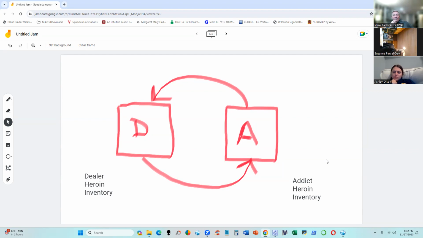What else was in that article? I don't know if this is in the article, but you could put something in there about the level of addictiveness of the heroin, because that would drive the addicts back to the dealers and drive the demand. So you mean like the purity of it, or when you say level of addictiveness? Well, different drugs have different addictive qualities, but heroin in particular is physically and mentally addictive.